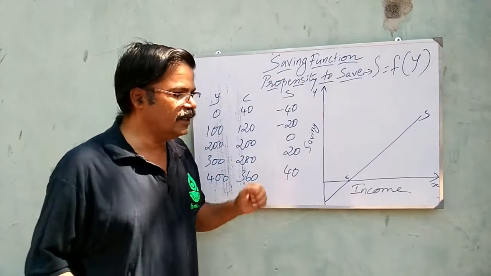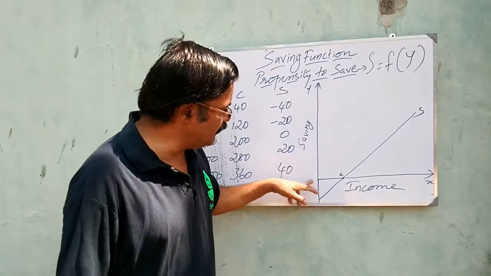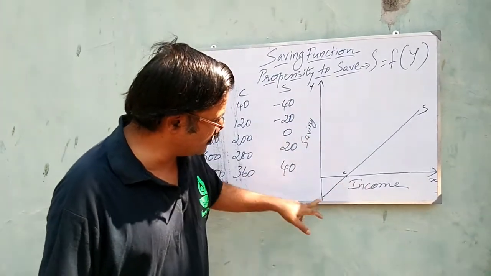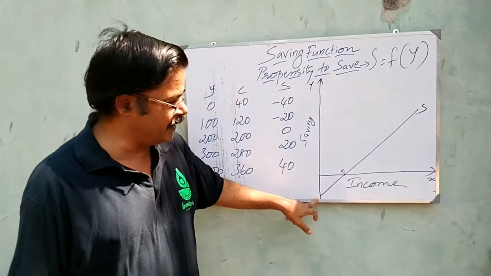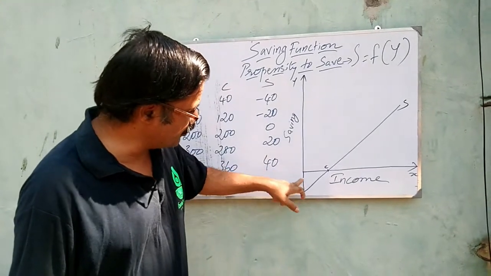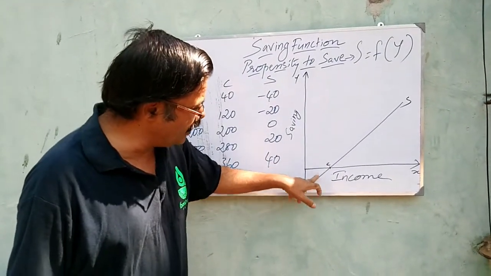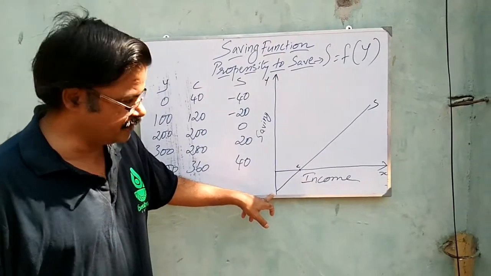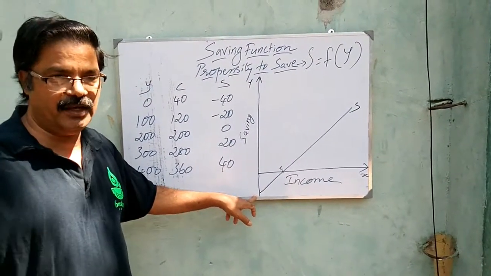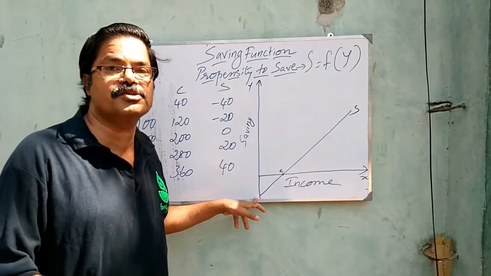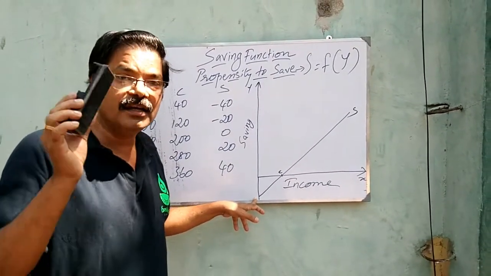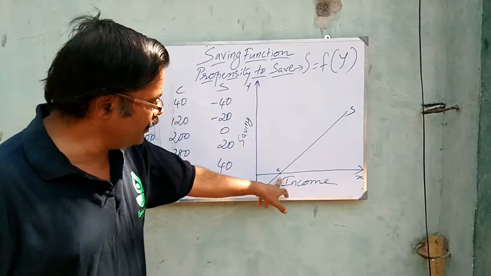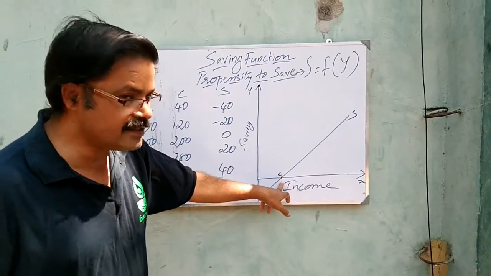Now have a look at the diagram. You know that we start the saving curve from the negative side of the y-axis, because at zero level of income and at lower levels of income, there can be negative saving or dissaving. You know, we have negative saving or dissaving when consumption is greater than income. Now at point E, you know that saving is 0.